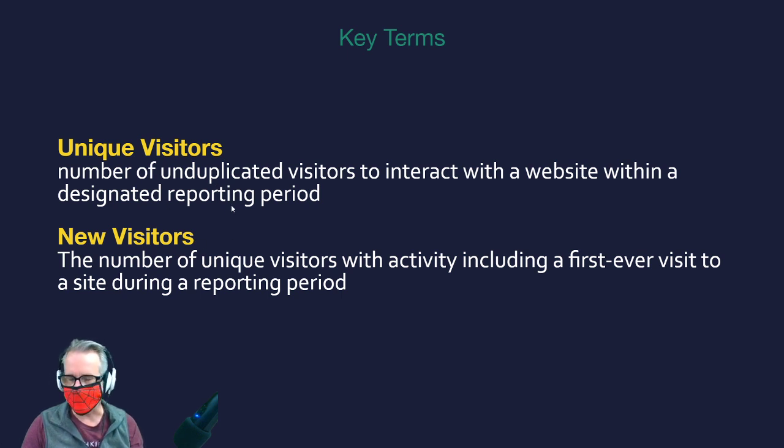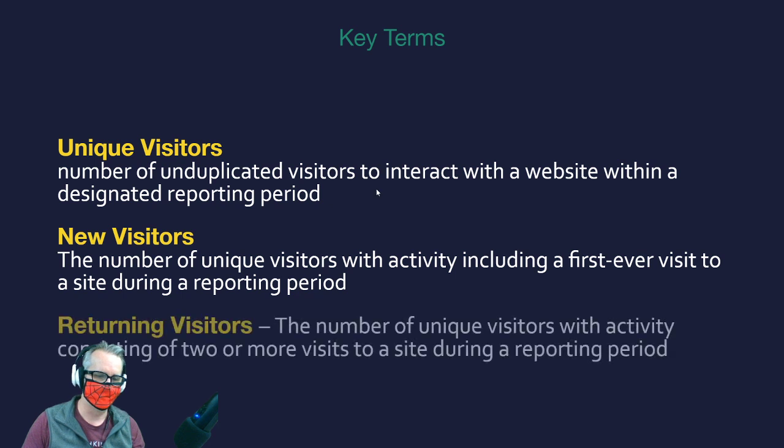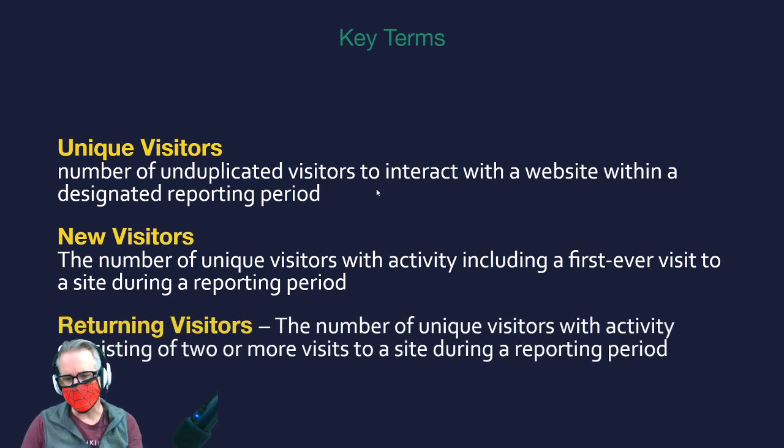A lot of times they're the same. Right? Someone can be coming to your website for the first time. They would count both as unique and new. But if you've been to the website before, but just not within the time frame that you're looking at, then they're just unique. They're not new. Now, a returning visitor is someone who's been to your website before within that time frame that we're looking at. Again, it could be a month, it could be an hour, it could be whatever.